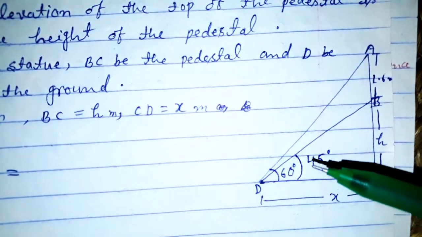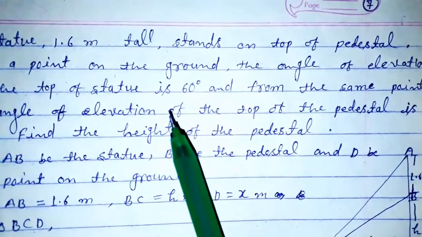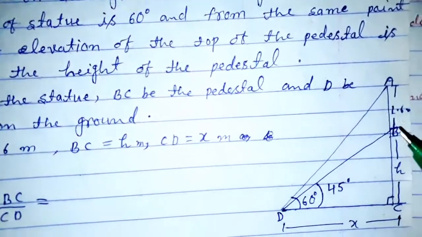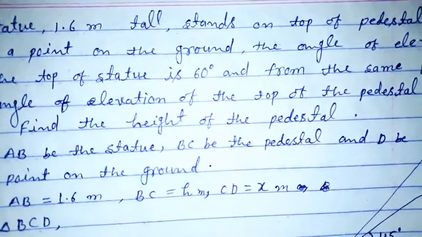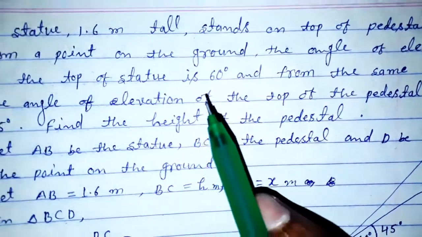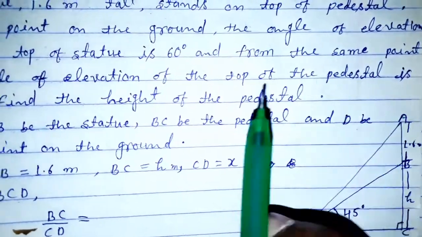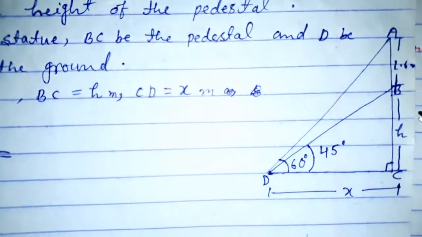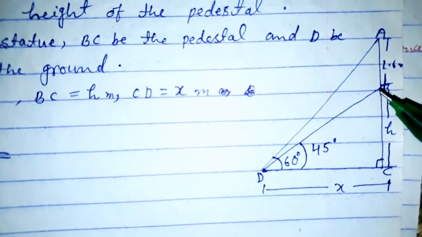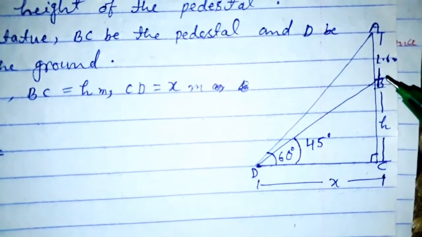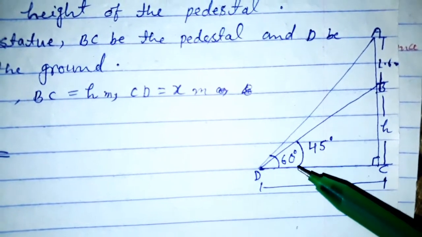Given is the angle: top of statue is 60 degrees, so the complete angle is 60 degrees, and the top of the pedestal is B, the bottom of the statue, so this is 45 degrees.